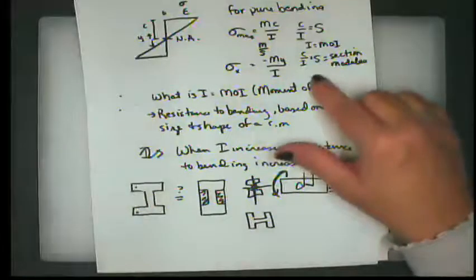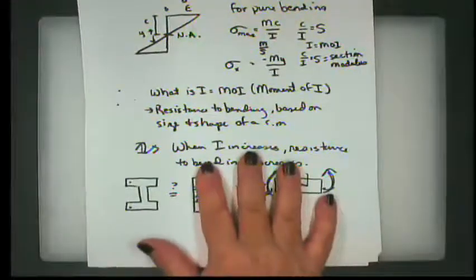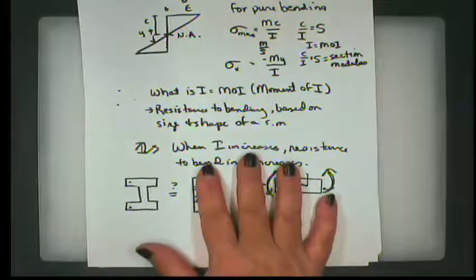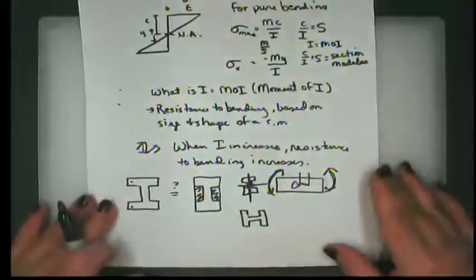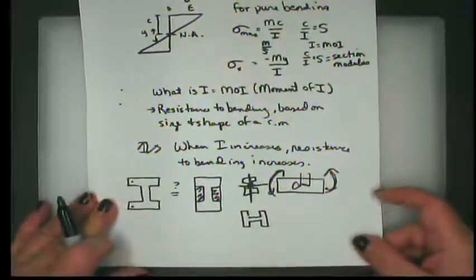It's just because you have to do one less calculation if you work with a section modulus. And for a given shape, the section modulus will be the same. Okay, so now we have some equations, and we have some ideas about bending.